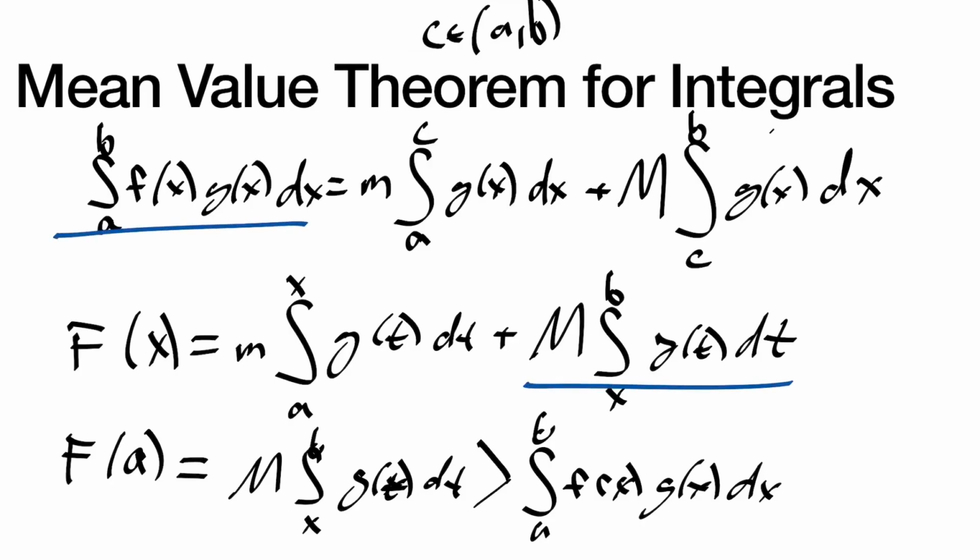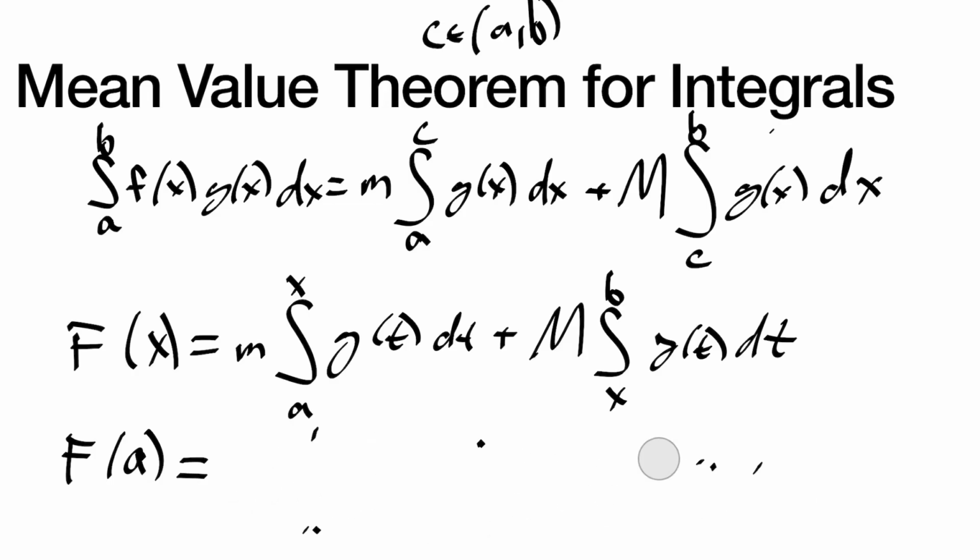So what we're doing is, if it equals a, then we're looking at just the second half, but we're comparing it to our original value. So in this case, this side must be much larger.